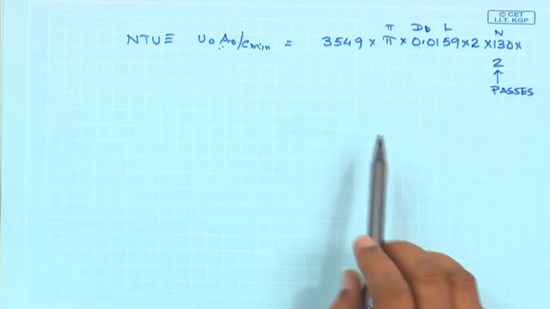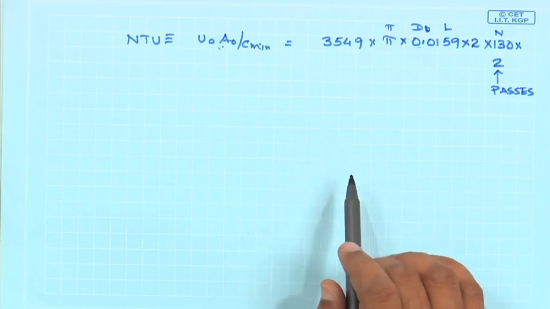Okay. So, just be careful while calculating the overall area for heat transfer. The total area for heat transfer would be the outside area of one tube multiplied by the number of tubes per pass and the total number of passes, because when you do that, only then you get the total heat transfer area in the heat exchanger, considering all tubes and all passes.